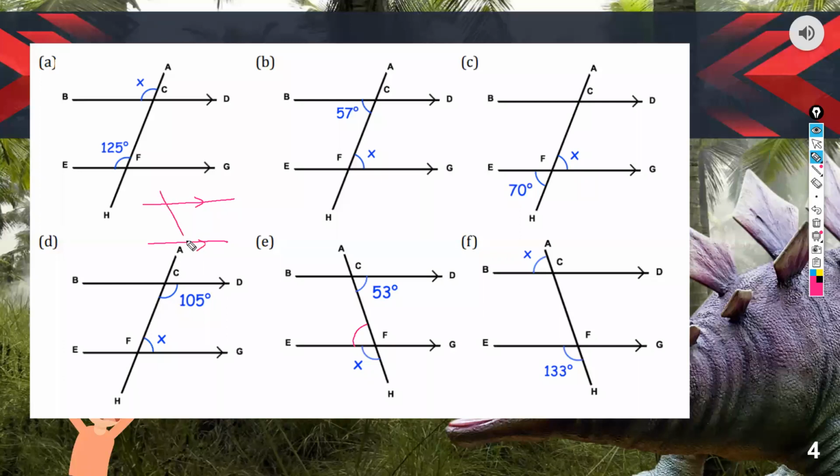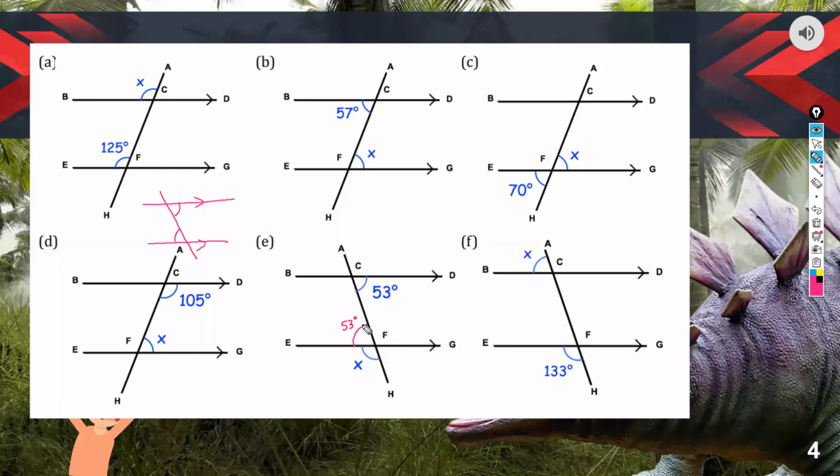If I draw it like this, you all see a Z, zip, zip, zip. So that means this angle and this angle are supposed to be the same. So if here is 53, then by alternating angle theory, over here is also 53.